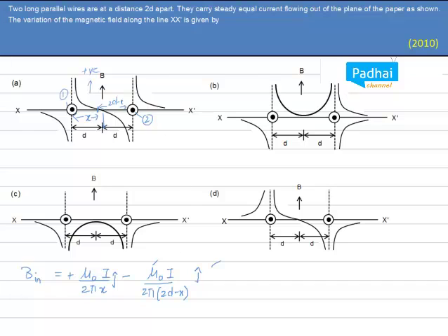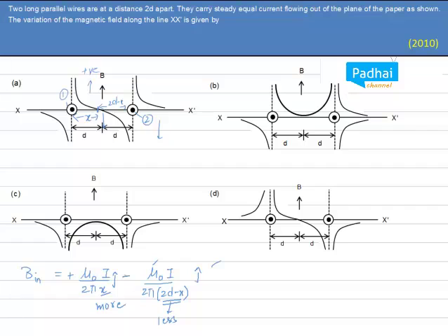So if I see over here, whenever we are getting close to this wire, this magnetic field becomes in the downward direction, because when I am getting close, that means this distance is less and this distance is more, right?